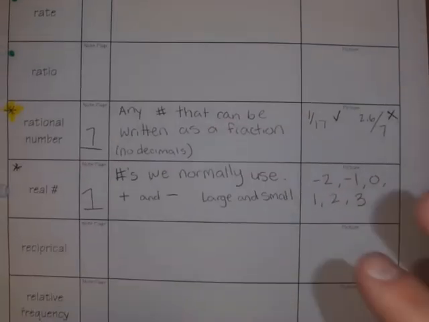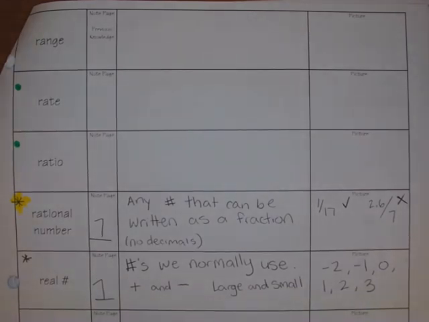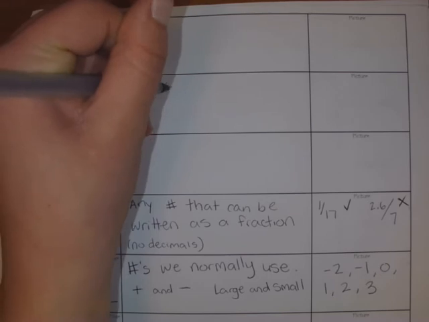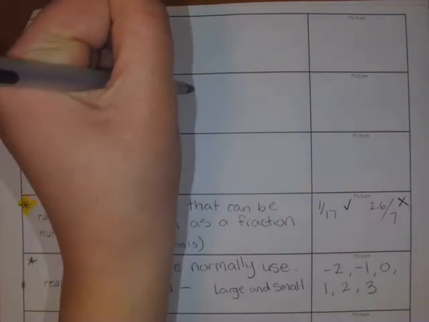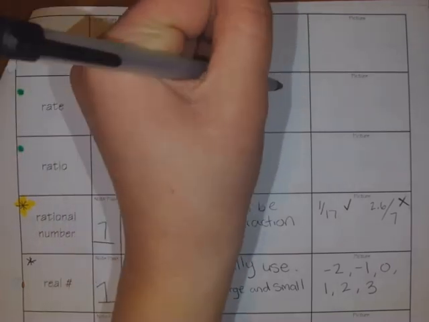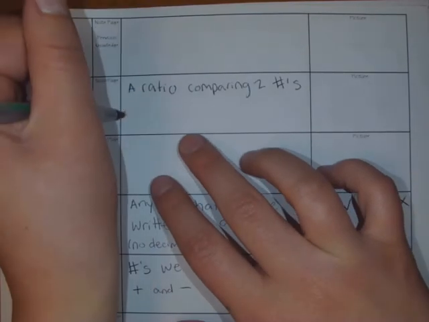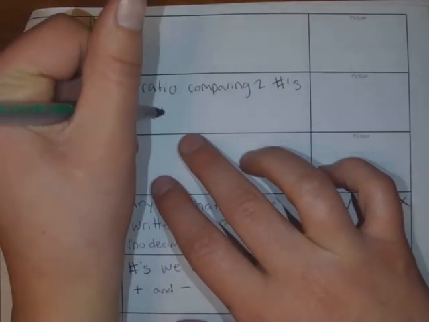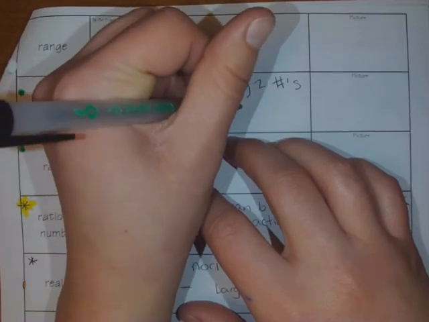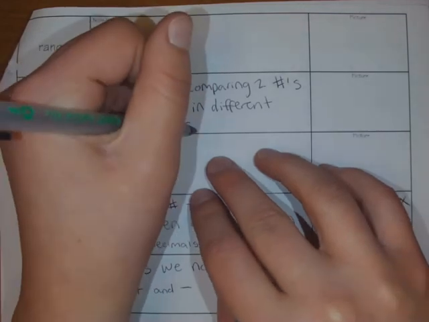And then flip it over, and the next is rate. And rate is a ratio comparing 2 numbers measured in different units. Different units. We do this all the time.